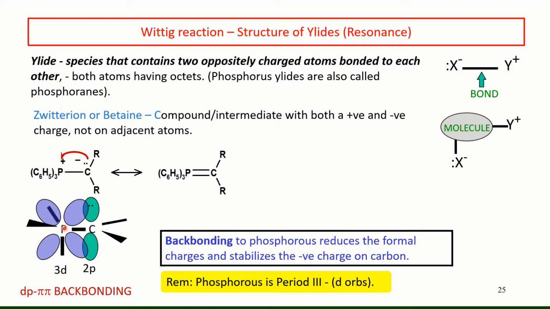Because the phosphorus is donating electrons to the carbon, while the filled carbanion lone pair in the p orbital is donating into the empty d orbital. Back bonding. Remind yourself that phosphorus, of course, is period three, so it does have d orbitals available for bonding.